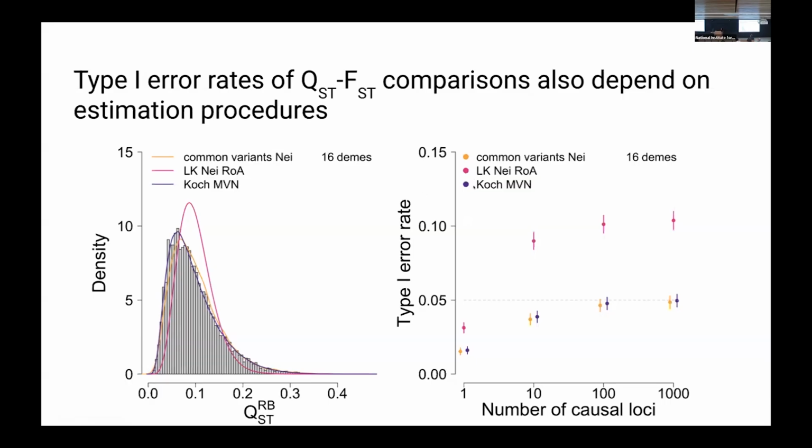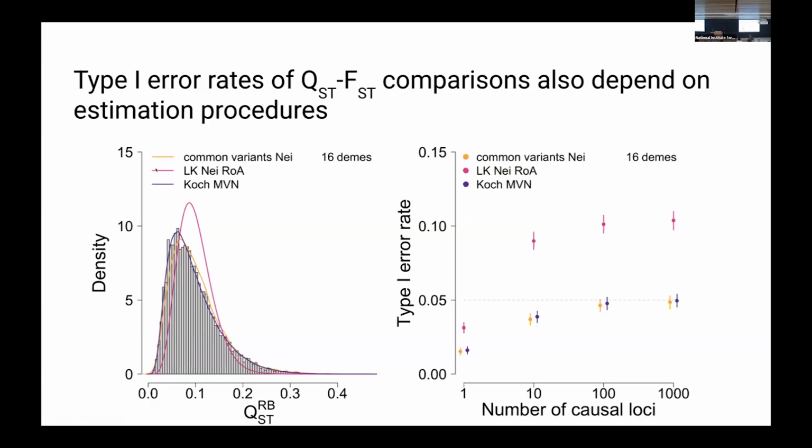But the multivariate normal distribution proposed by Koch in the paper we mentioned before produces type 1 error rates always at or below the nominal rate of 0.05.